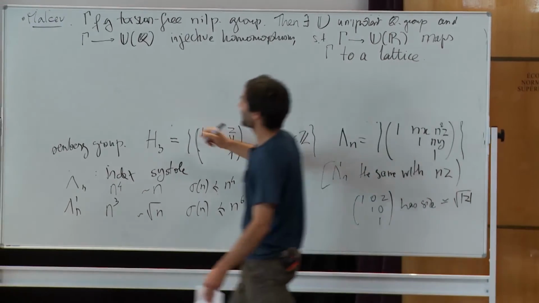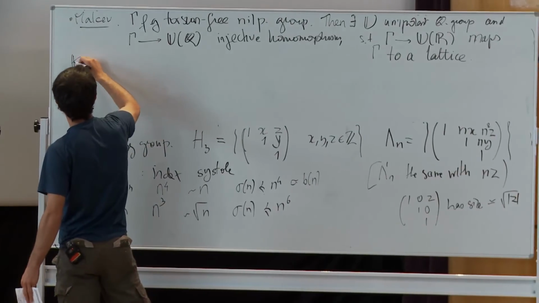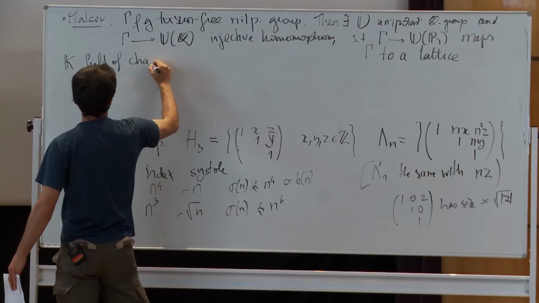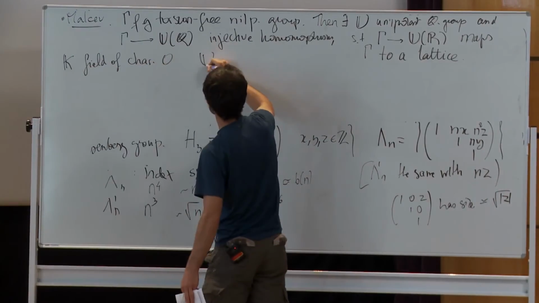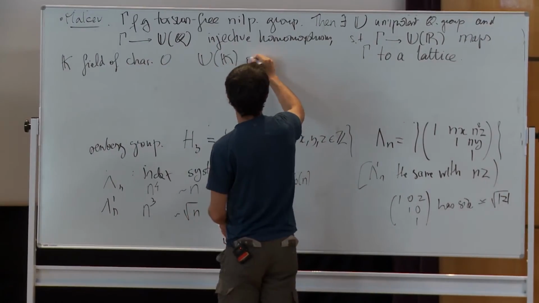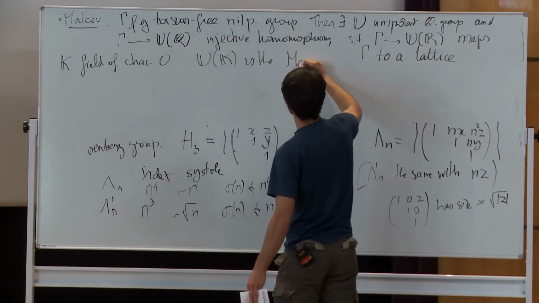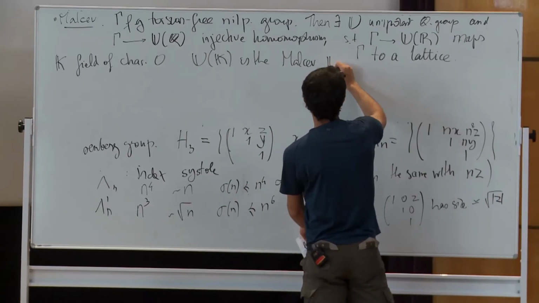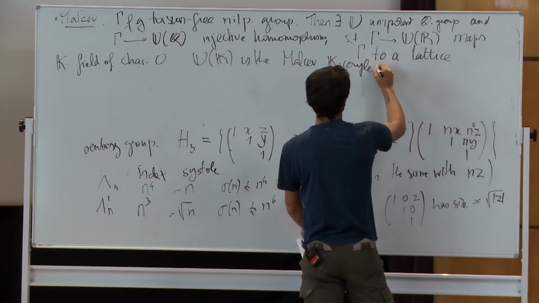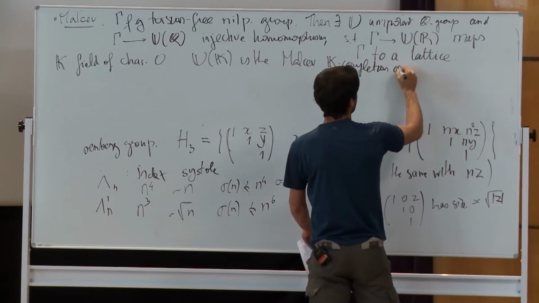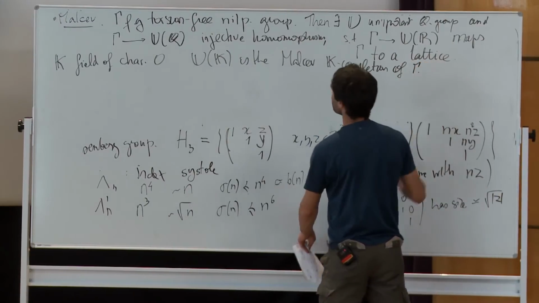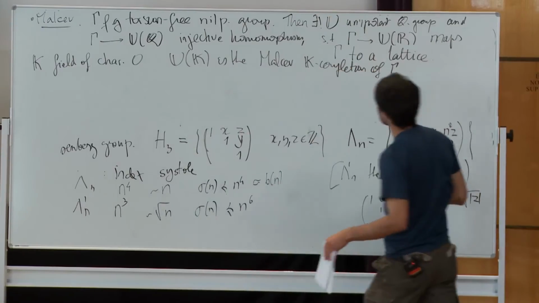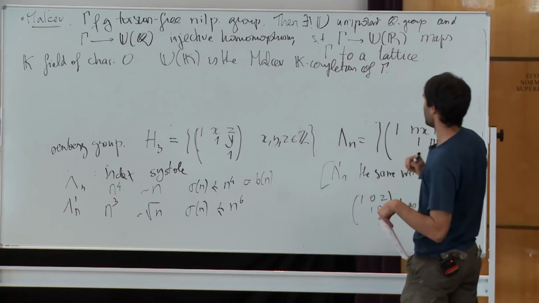So if K is a field of characteristic 0, U of K is the Malcev K completion of gamma. So it's essentially unique. I would say unique without being precise.